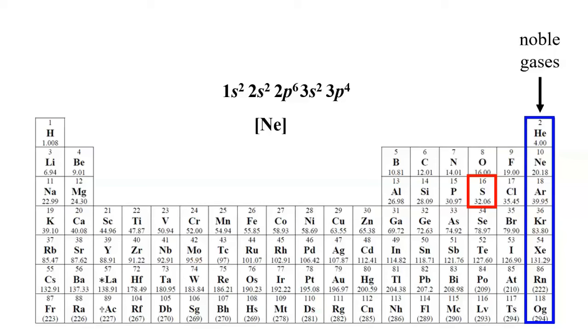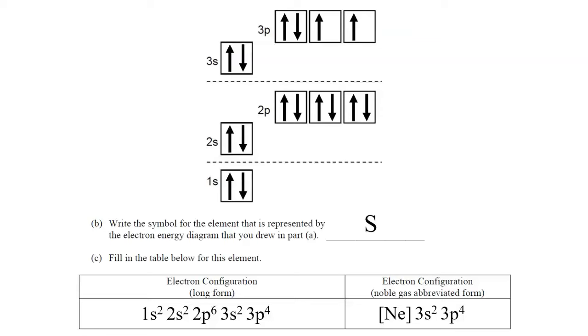So all we have to do now is write the rest of the electron configuration, which would be 3s2, 3p4. So what you're looking at is both the long form of the electron configuration for sulfur, as well as the noble gas abbreviated form of that electron configuration. So those are the correct answers to part C of question 4.